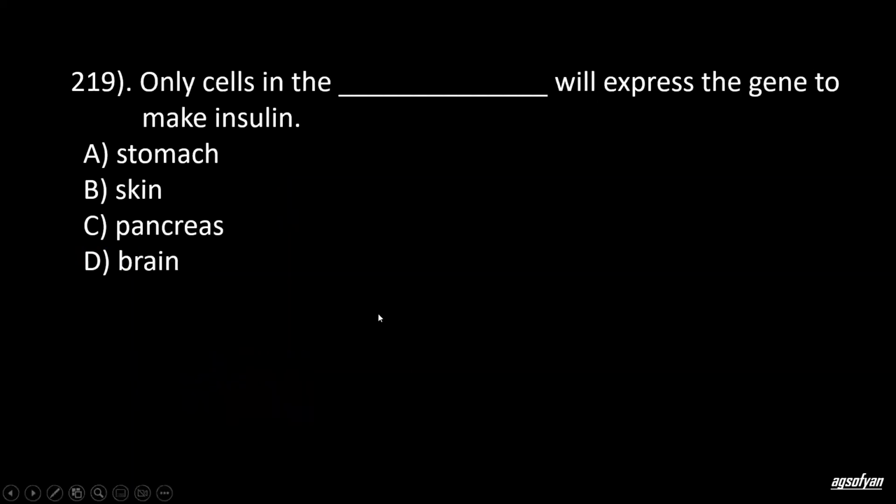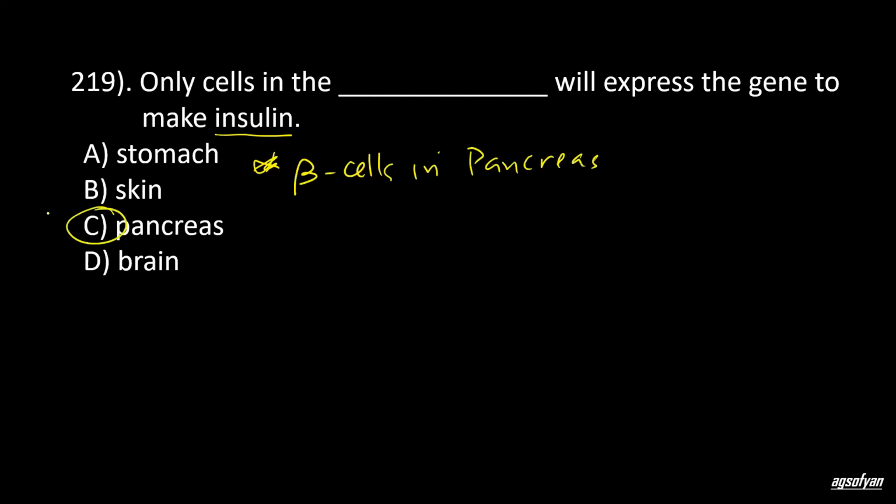Only cells in the blank will express the gene to make insulin. Stomach, skin, pancreas, or brain. Insulin is made in beta cells in the pancreas. So the answer will be cells in the pancreas that make insulin.